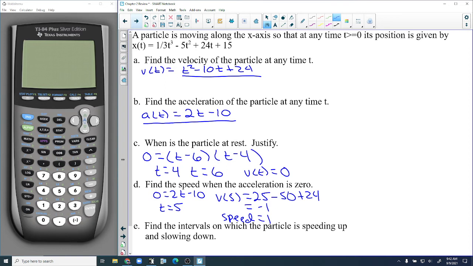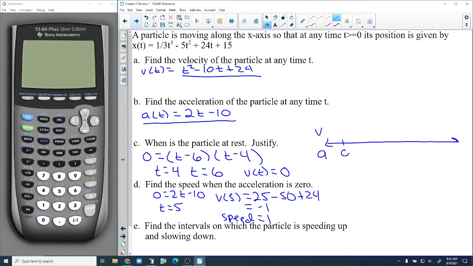Find the intervals on which the particle is speeding up and slowing down. Well, that's a combination of velocity and acceleration. The zeros of velocity, we found those, are 4 and 6.